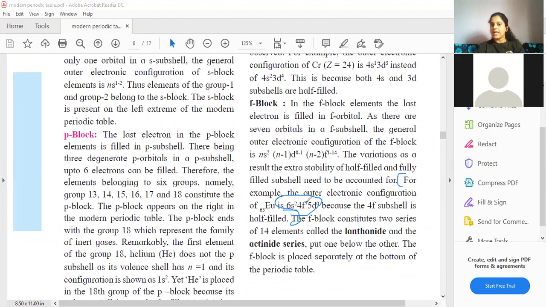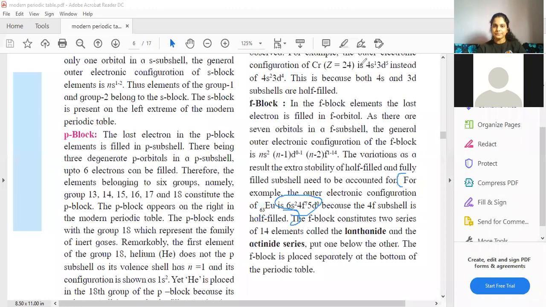I am assuming this was actually 6s2, 4f6 and 5d1, but then that 1 came into f just to achieve half stability. We will come to know that only when we write the actual configuration. So make a note of it somewhere in your notebook: for the element Eu with atomic number 63, write the configuration, and next time we can get back to this example.